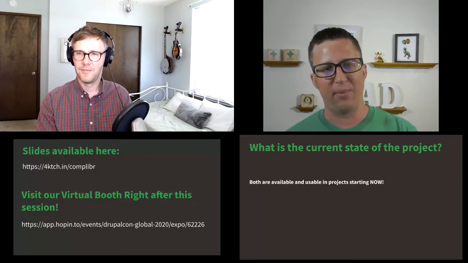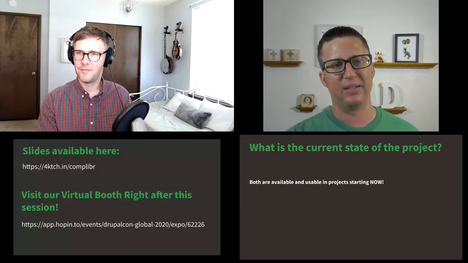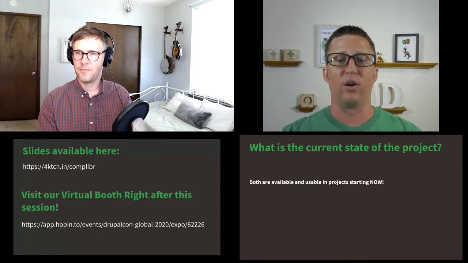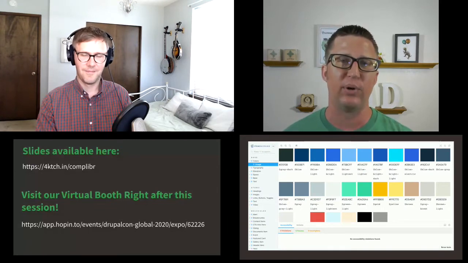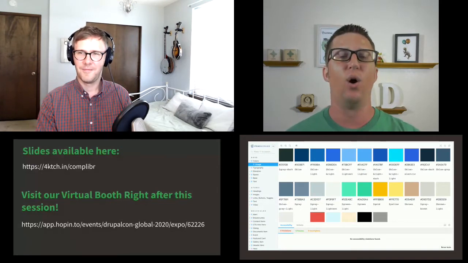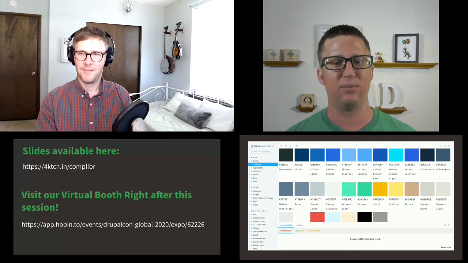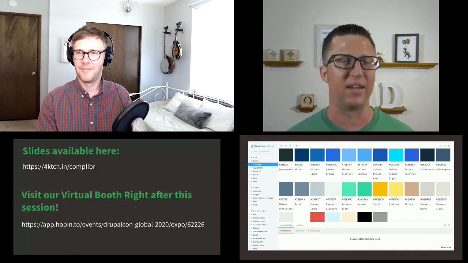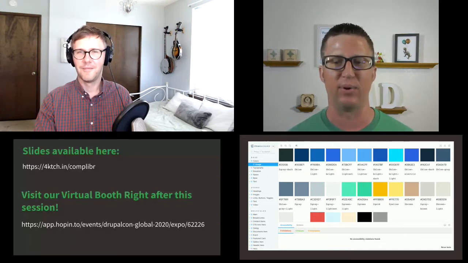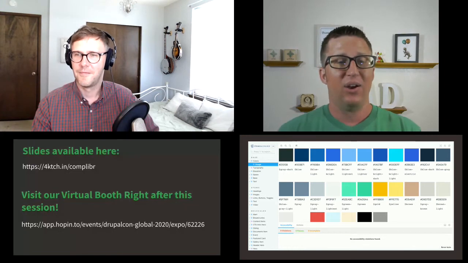Both the component library built with Storybook and the style guide built with Gatsby are completely usable in projects right now. We actually already transitioned one of our largest client component libraries, ithaca.edu, over to the new Emulsify. And this was a massive component library, and it really helped us work out a lot of kinks, because there's a lot of complex components in here, and it's all running smoothly now.